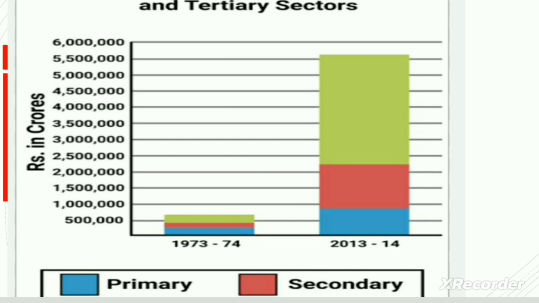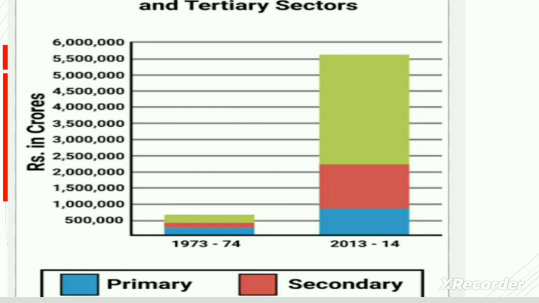All the three sectors were on the lower side, but you can see 74% of the people were dependent on agriculture and allied activities, and their contribution is less than 5 lakh crore.